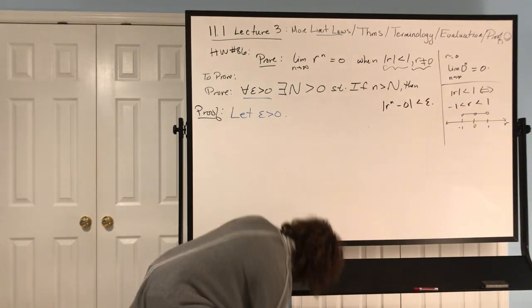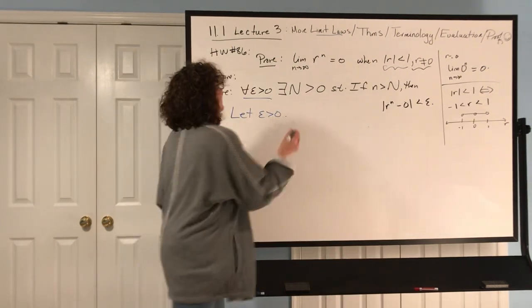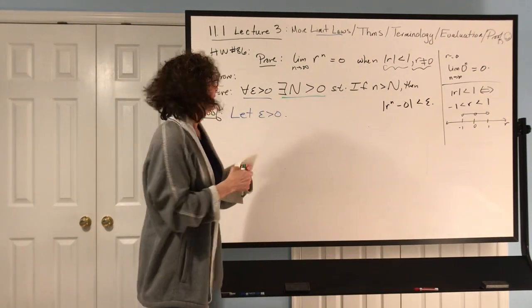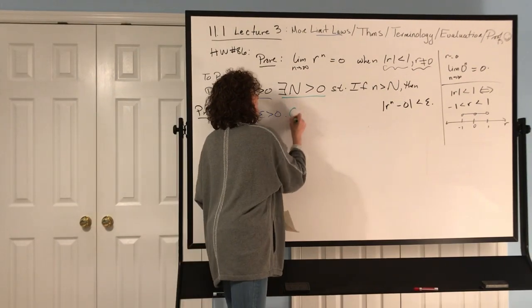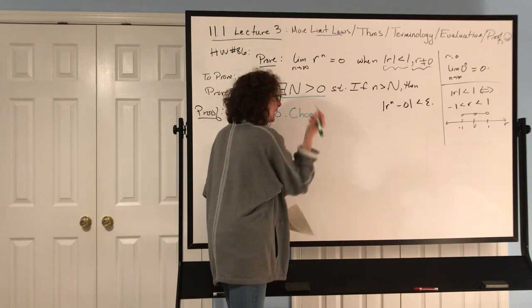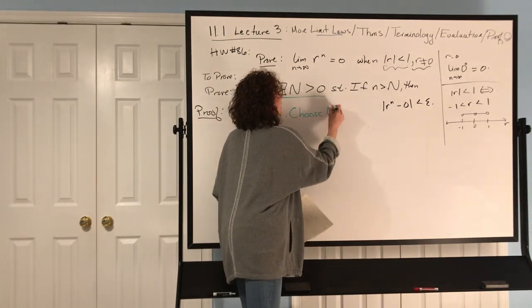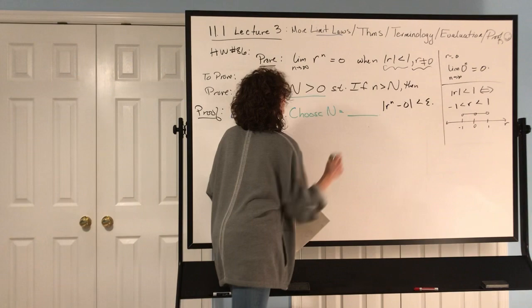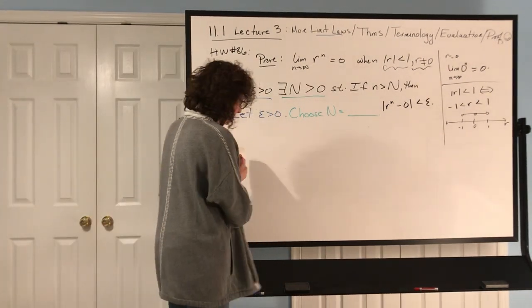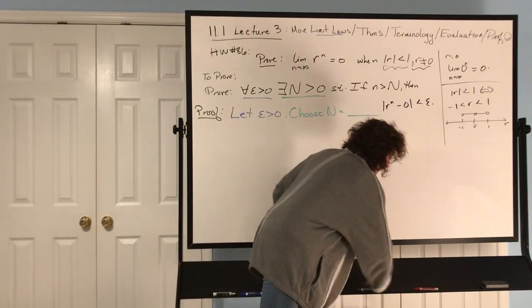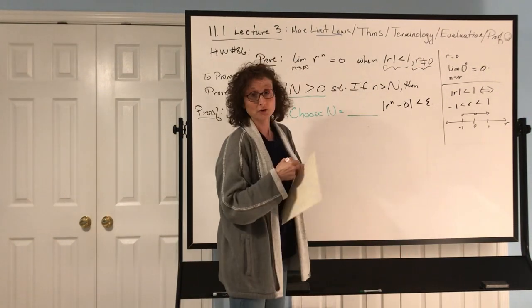Then what? Then we deal with this guy. We got to demonstrate the existence of a capital N. So we know we're going to have to choose capital N to be something, or let capital N be something. We're not sure what that is right now, so we're just going to leave ourselves a space. Then what's the third thing we know?